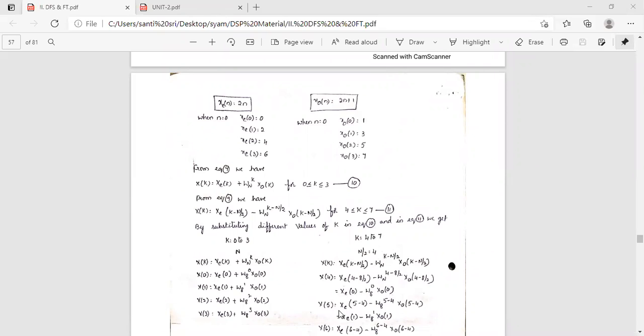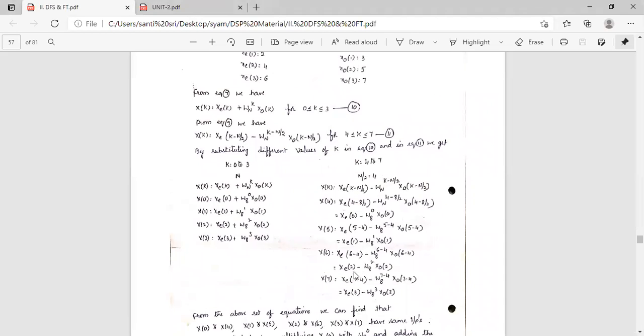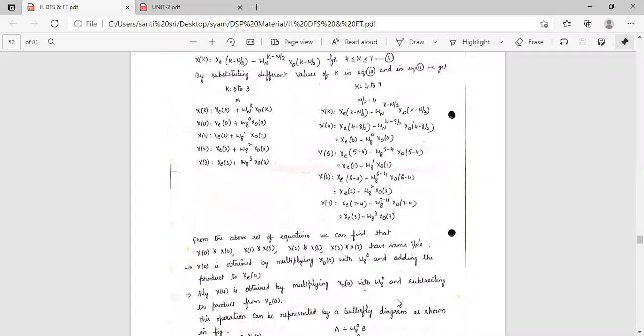If k is 5, we will get x of 5 equal to xe of 1 minus w8 power 1 into xo of 1. If k is 6, it is xe of 2 minus w8 power 2 into xo of 2. If k is 7, then it is xe of 3 minus w8 power 3 into xo of 3.